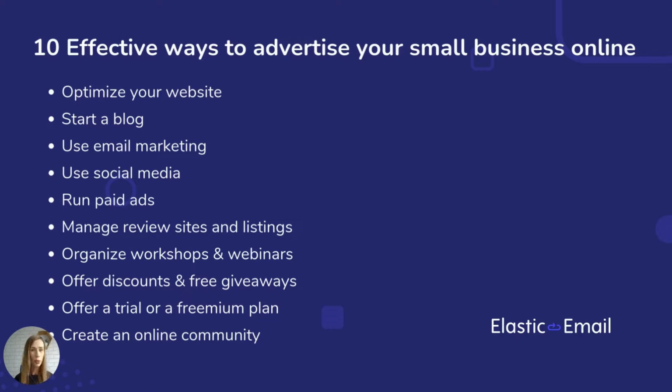You should optimize your website, start a blog, use email marketing, use social media, run paid ads, manage review sites and listings, organize workshops and webinars, offer discounts, free giveaways, free trials and freemium plans, and create an online community. So we hope you now have a better view of what promoting your business online should look like.